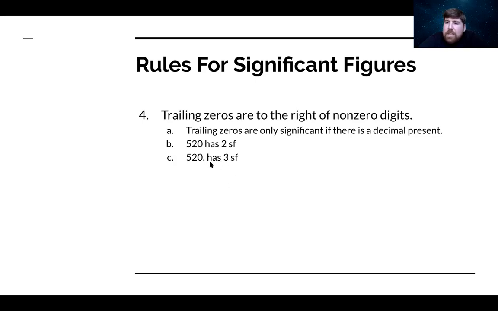All I have to do to indicate that is add a decimal point. The first 520, the one in part B, is saying it could be 520, it might be 510, it might be 530. We are not 100% certain on the tens place of the measurement.